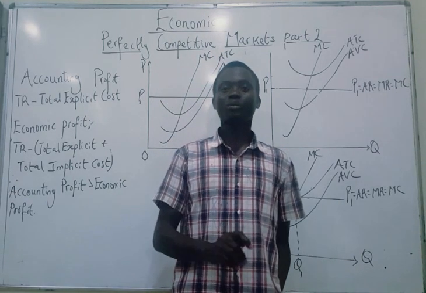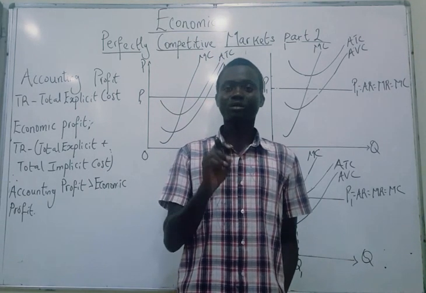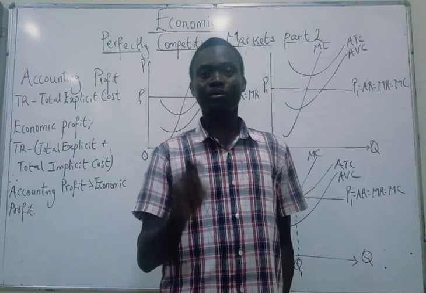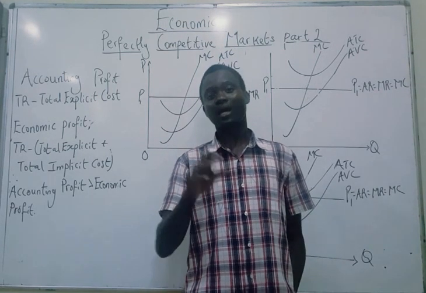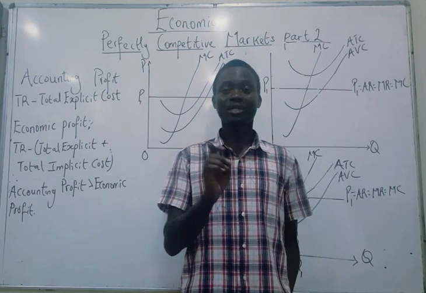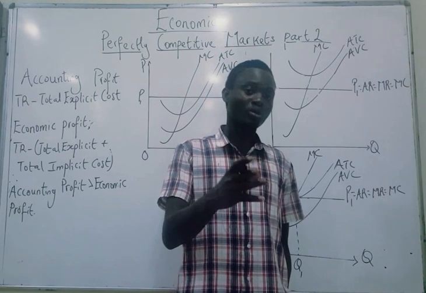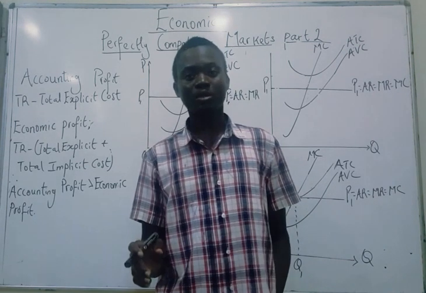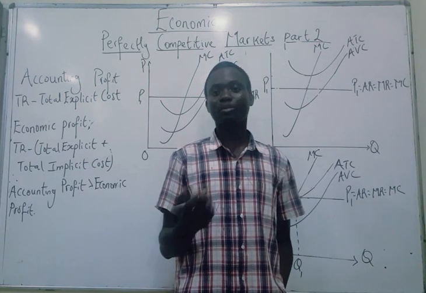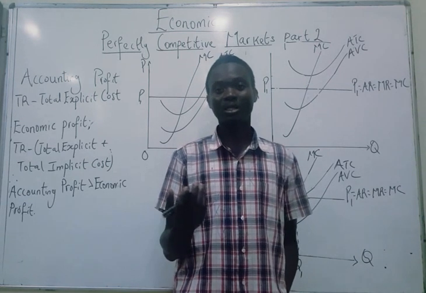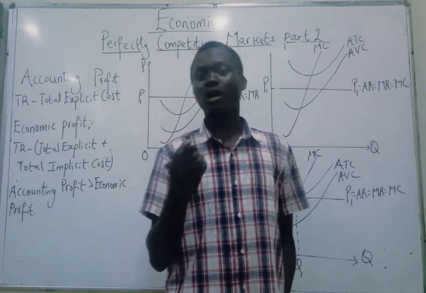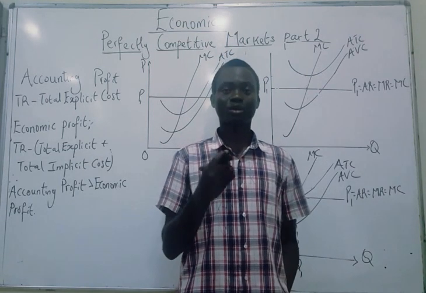But an economist is going to look at the land from the aspect of the amount of money it could have generated if it had been sold or put to another use. Let's assume that the piece of land could have been sold for 200,000 naira. That is simply the opportunity cost.